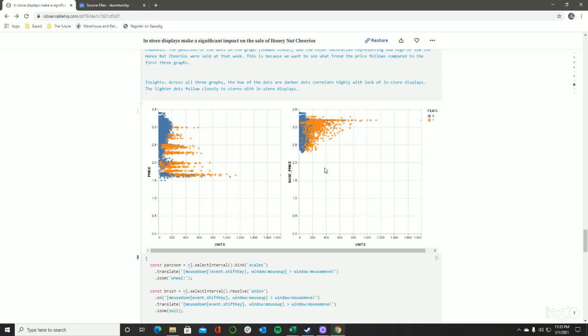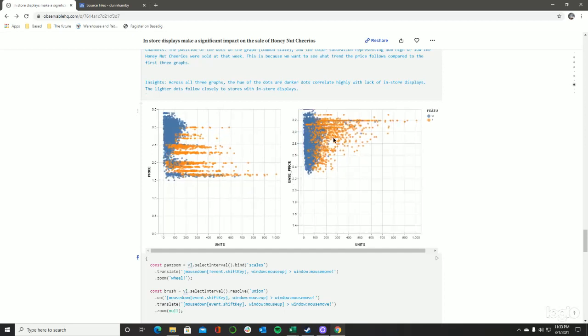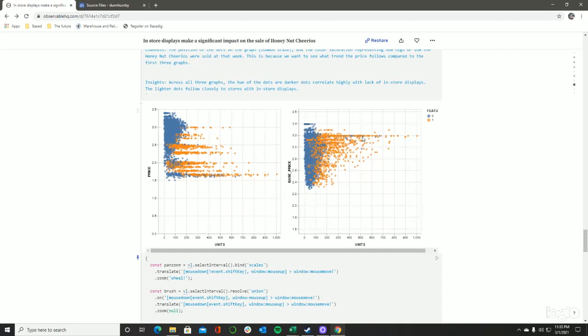From what I have gathered, it seems that in-store displays are used initially to get Honey Nut Cheerios off and running, as we can see with the base price. There's a huge surge in orange and massive sales, and with the exception of a few spots very high up here, if we zoom in, a lot of the sales involving lots of revenue and units sold per week are with an in-store display.